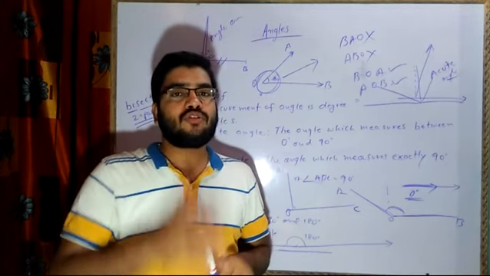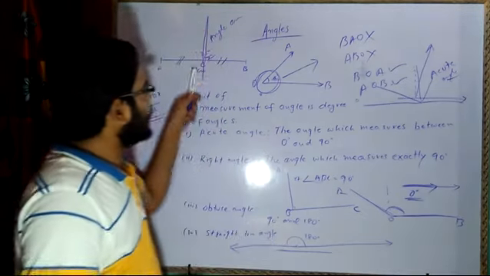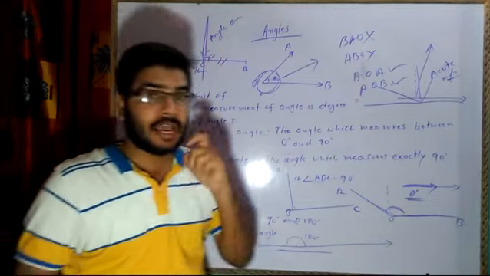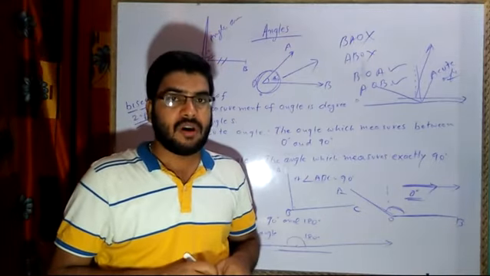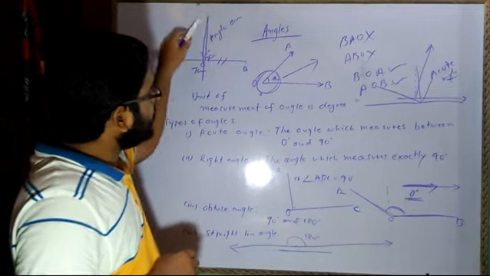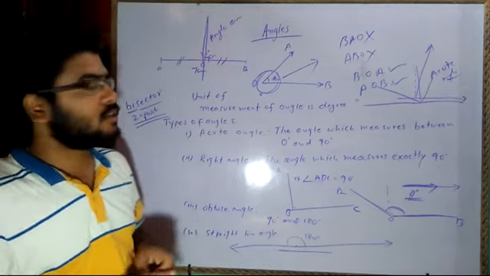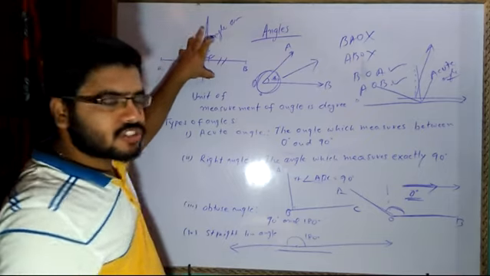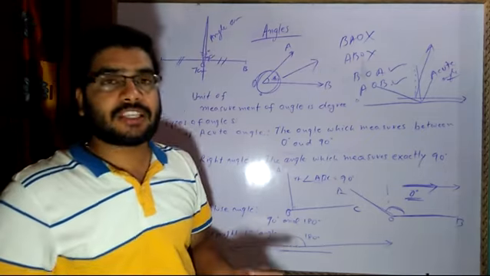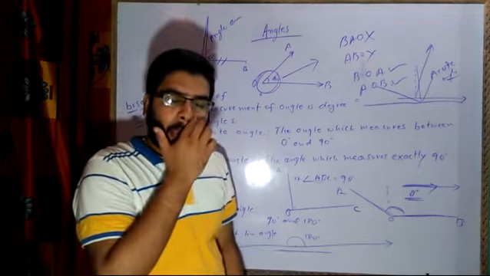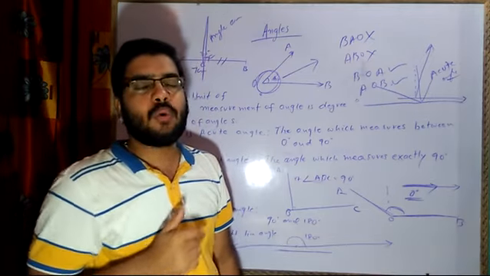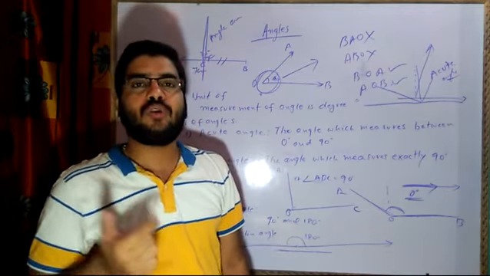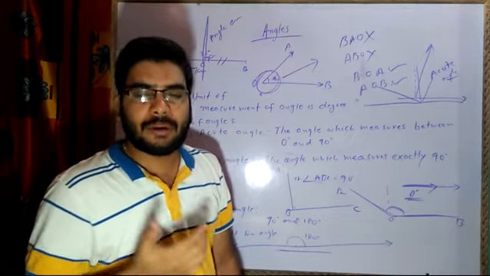But if I draw a straight line making an angle of 90 degree here with the help of compass and protector, then this line will be called the angle bisector. So this is what I wanted to tell you. This construction part we will learn in the next chapter, which will include all the types of lines and how to draw certain measurements of angles.